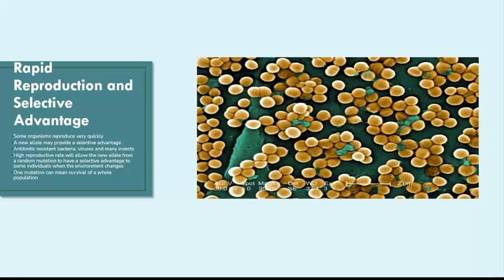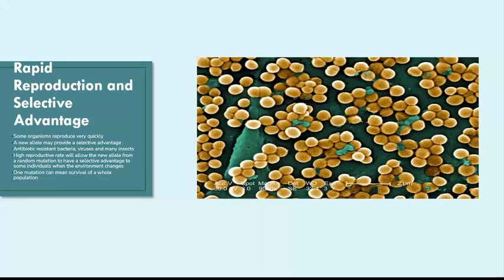Rapid reproduction and selective advantage. As we learned in diversity, some viruses and bacteria reproduce extremely quickly, so quickly that they have a better chance of getting mutations and passing them on. So a new allele may provide a selective advantage.